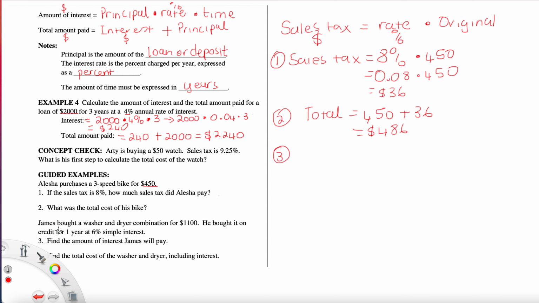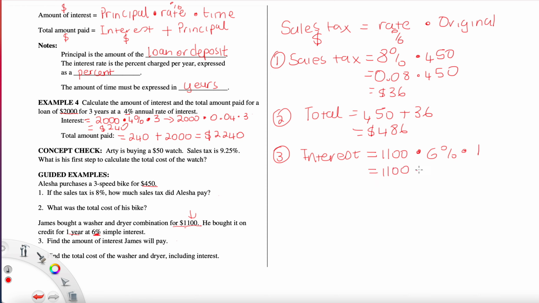Number 3, James bought a washer and dryer combination for $1,100. He bought it on credit for 1 year at 6% interest. Find the amount of interest that James will pay. So remember, the amount of interest will equal the principal, which is what it originally is, so $1,100, times your rate, which is your 6%, times how long, which is 1 year.